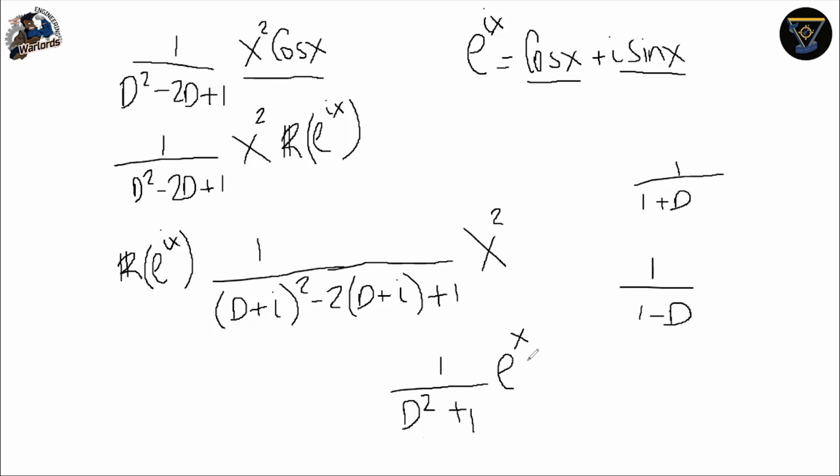However, suppose you have e to the x multiplied by something else, let's say x cubed, or e to the x cos x or anything. This is going to be different. Where you say d, you put d plus 1 because there's an imaginary 1 here. So you're going to have d plus 1 all squared plus 1. It's a rule that you guys should actually know.